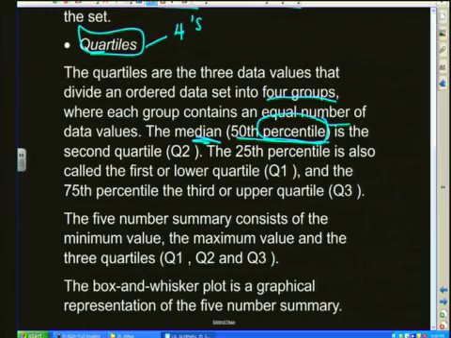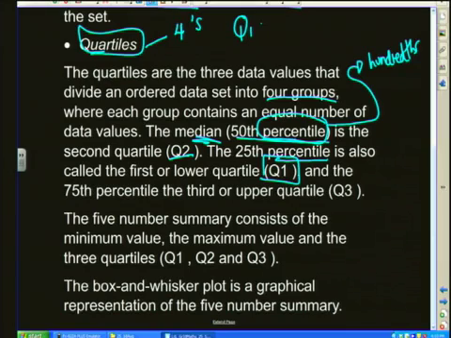And percentiles, by implication, percentile coming from percent, will divide your data set into hundredths. Okay, so your median is also called the 50th percentile. It's also called your second quartile. All right? The 25th percentile is also called the first or lower quartile. So what we're saying is Q1 is equivalent to the 25th percentile.